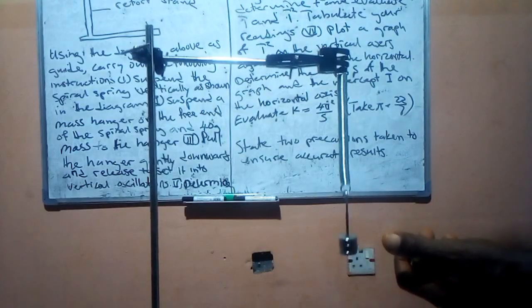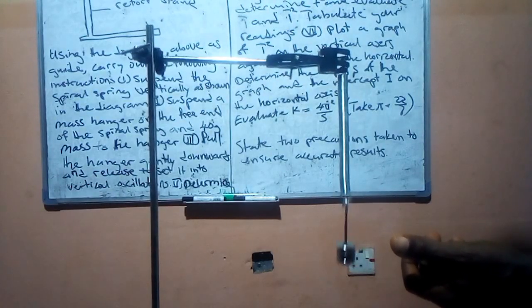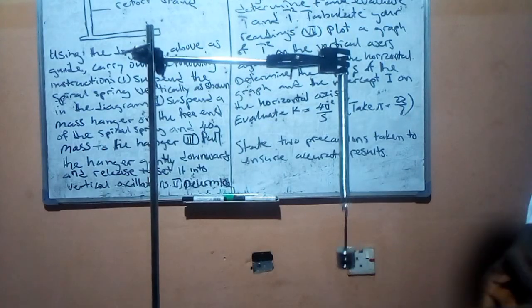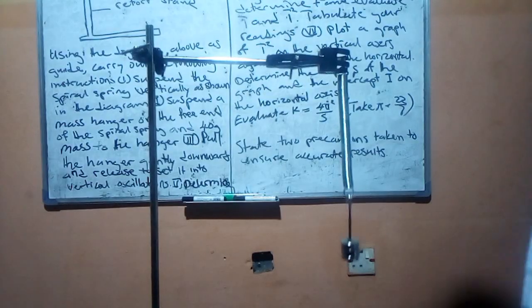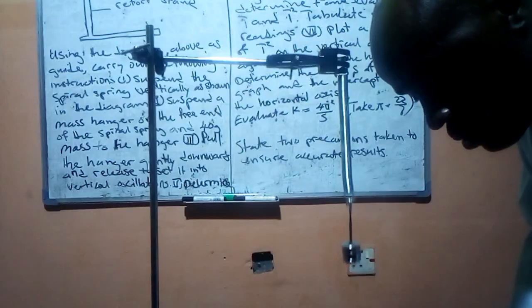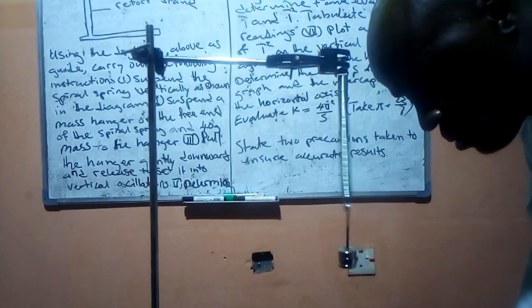One, 2, 3, 4, 5, 6, 7, 8, 9, 10, 11, 12, 13, 14, 15, 16, 17, 18, 19, 20. So I stop here. What I have here is 6.59 seconds.